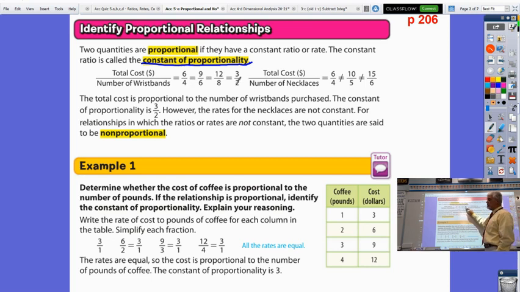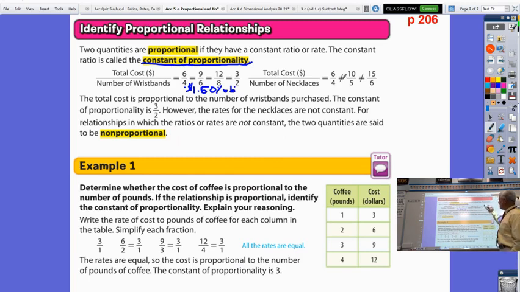All of these fractions, all of these divisions come out to the same answer. They all equal 1.5 if you divided them, or $1.50 per wristband, which would be your constant of proportionality.